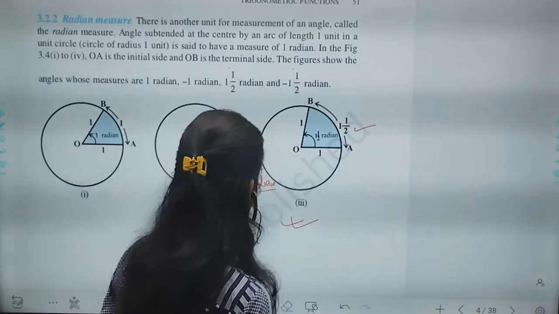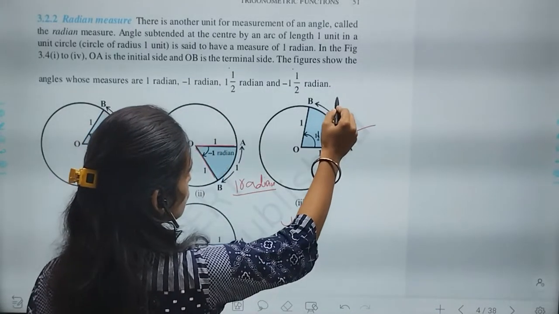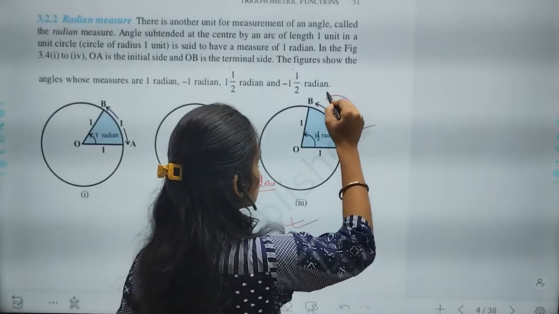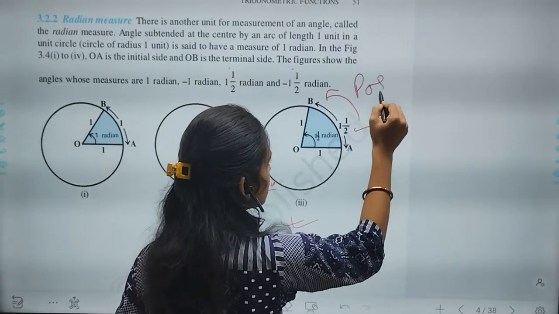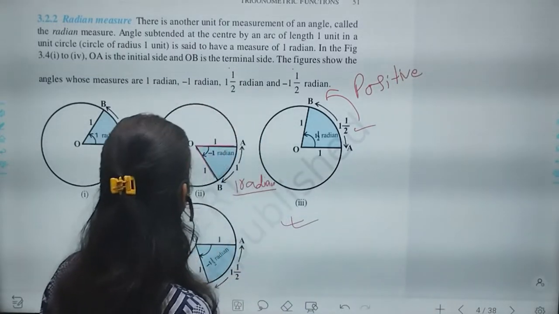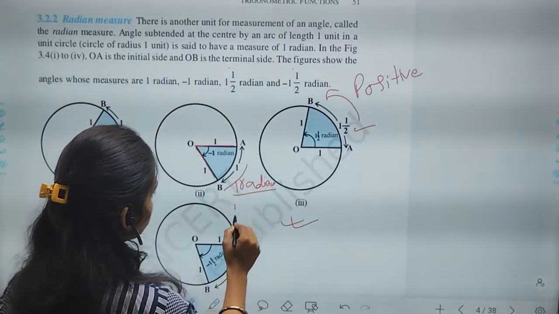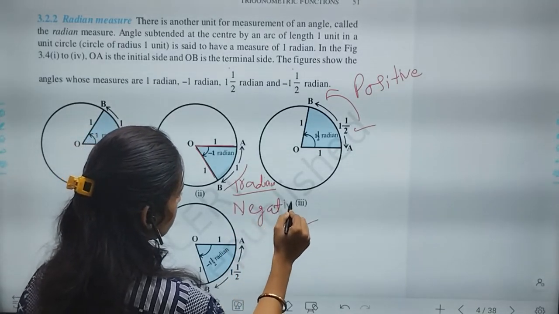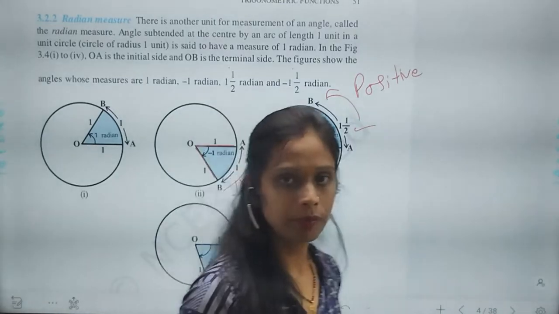Because it is going anti-clockwise, this is positive, and this is negative.